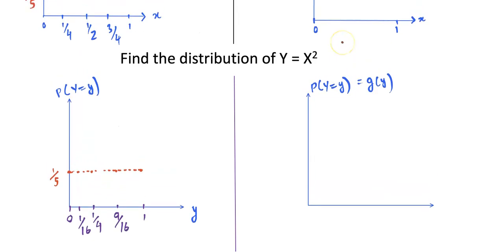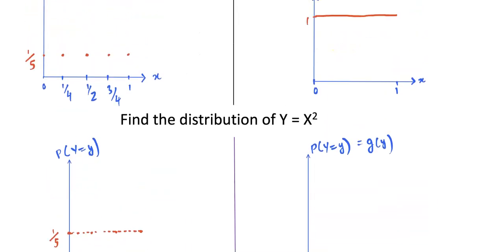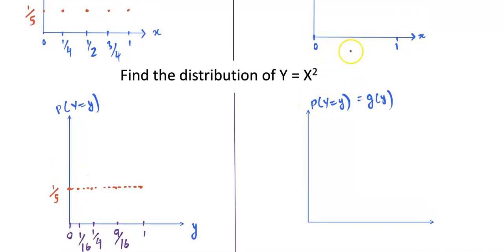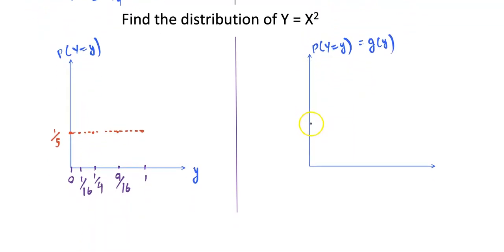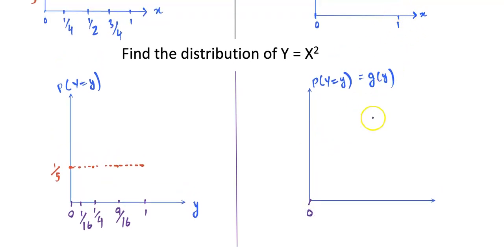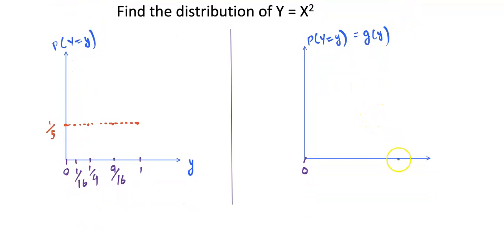That is a good guess, but let's actually do the math to figure that out. So using a similar logic as before, when x equals 0, y, which is the square of x, would also be 0, and when x is 1, y would be 1. And so y can take a range of values between 0 and 1.